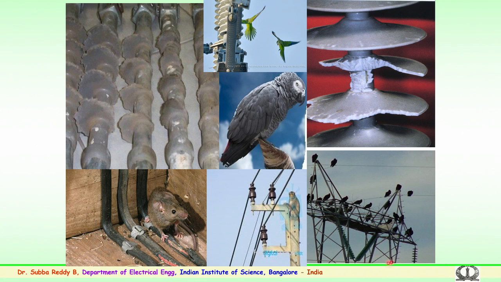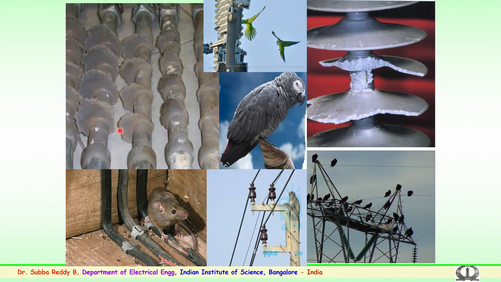But when you look into this slide, it may look strange why this slide has been put. This silicone rubber, polymer or porcelain type of insulator, as I was mentioning, is an organic material, so it is very important to take care. Sometimes the storing of the material is very important.